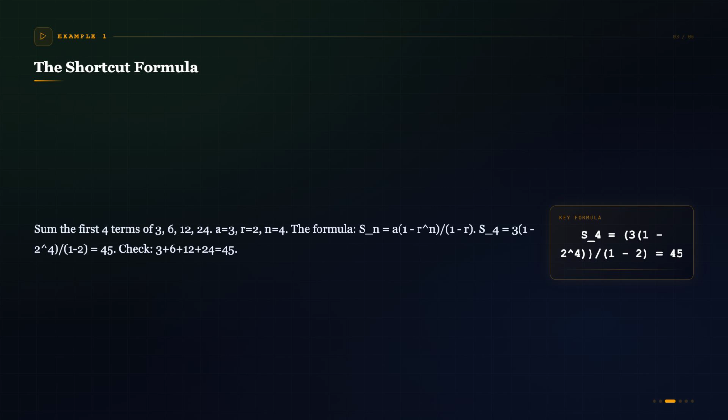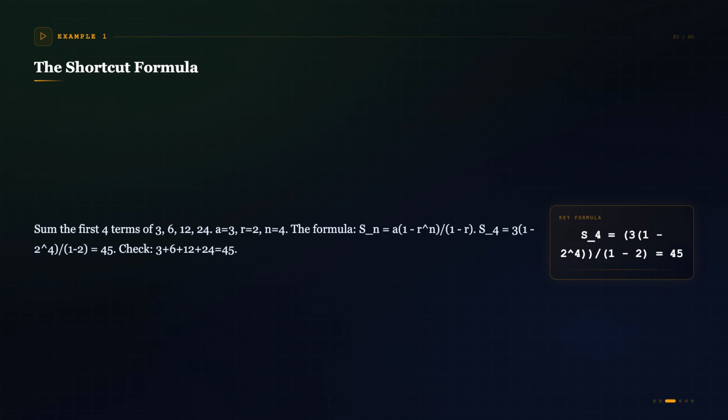Now let's try a more typical IB style problem. Suppose you are asked to find the sum of the geometric series 8 minus 4 plus 2 minus 1 plus, and so on, up to the first 7 terms. The first thing to do is identify the parameters. The first term a is clearly 8.